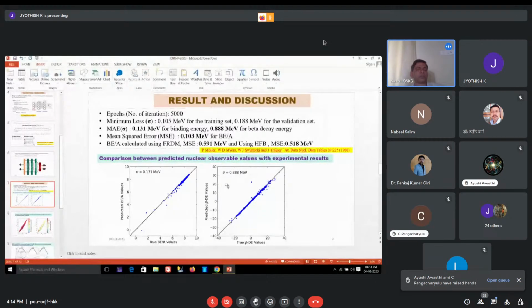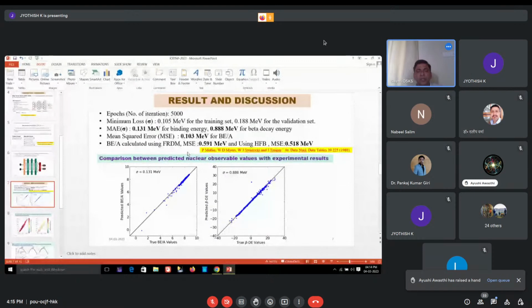Something is not all right. It's okay, check it out again, because the prediction is almost getting right. Root mean squared error is of the order of 0.39 in the case of the generalized liquid drop model.